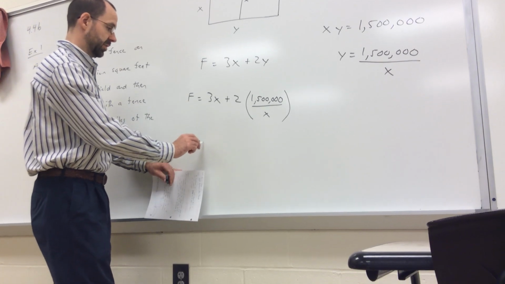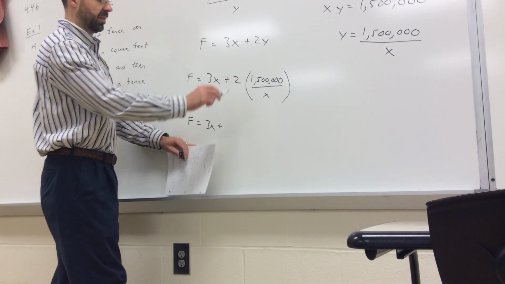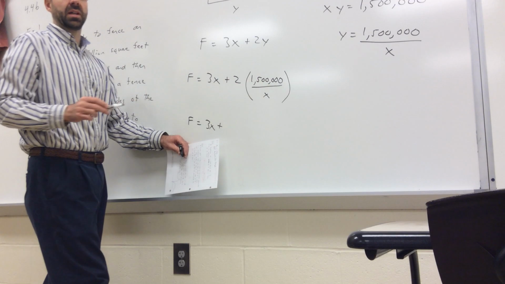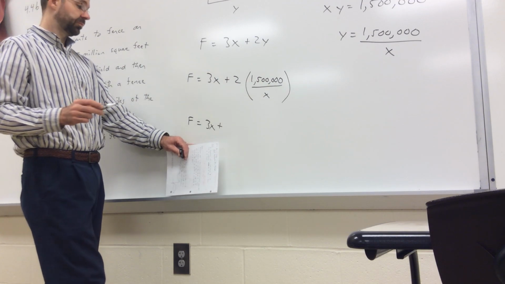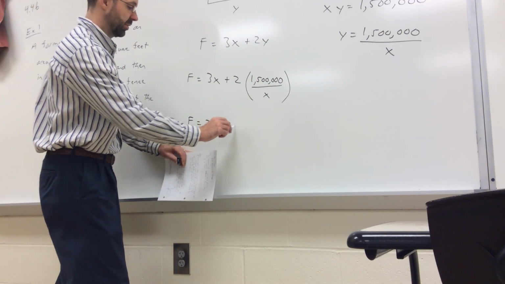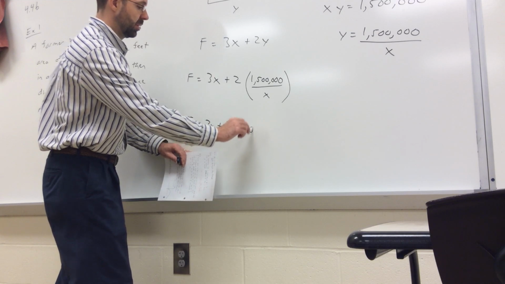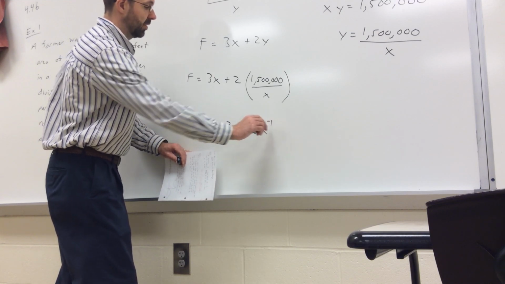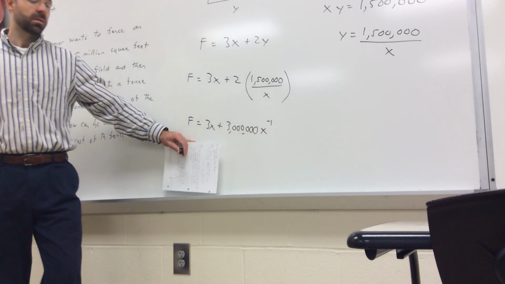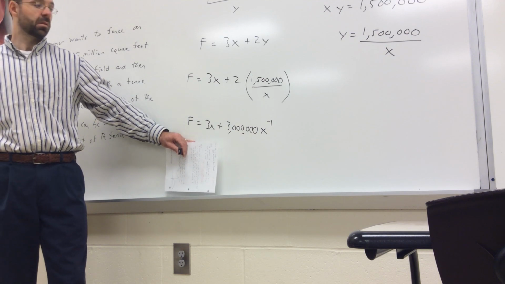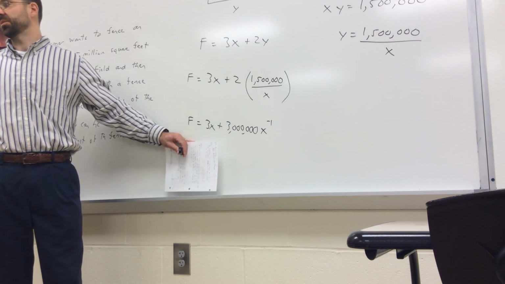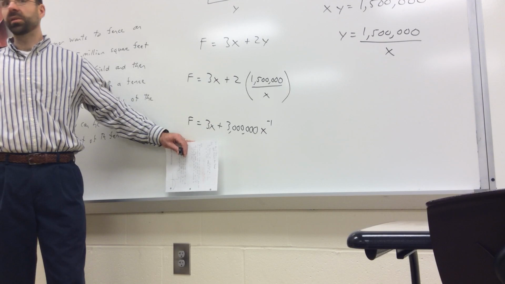So f is 3x plus 3 million divided by x. Or another way to write that is 3 million times x to the negative 1 power. If you divide by x, that's the same as x to the negative 1.